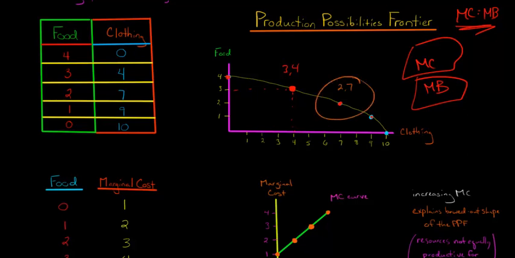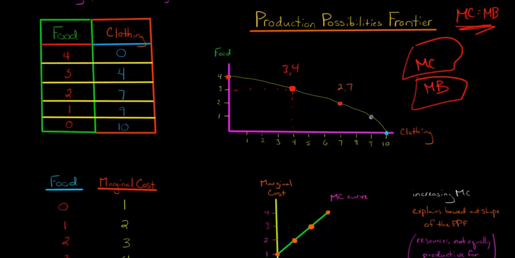This is the most preferred bundle. Remember, the PPF is just a bunch of different combinations of goods that society could hypothetically produce. Of all these combinations, this is the one people want the most. So this is not only efficient in production, it's also allocatively efficient. Society would be best off if we produced 2 units of food and 7 units of clothing.